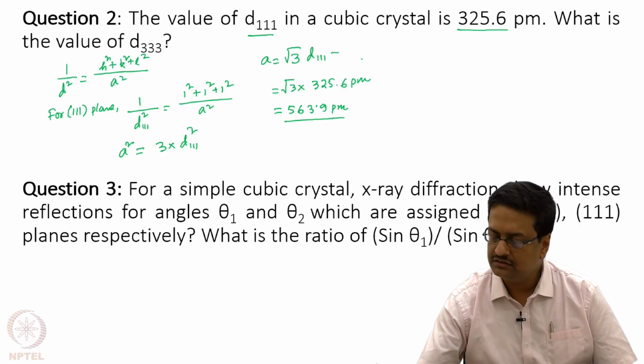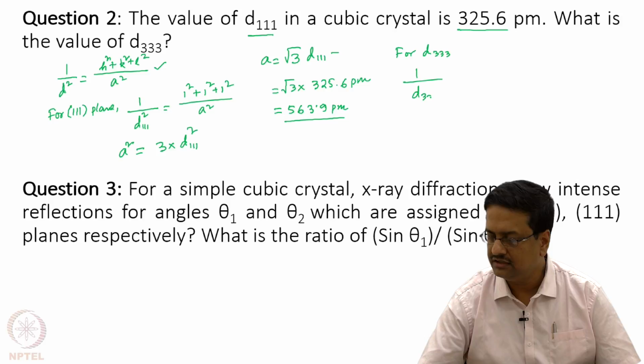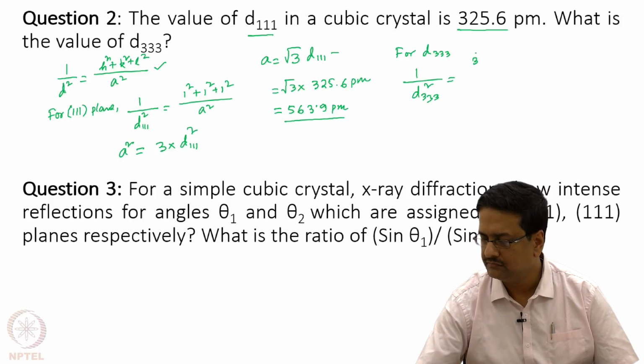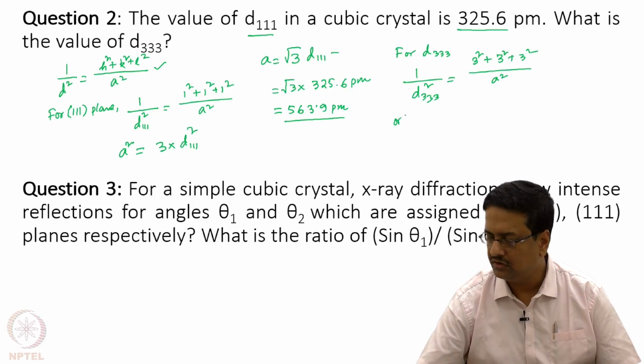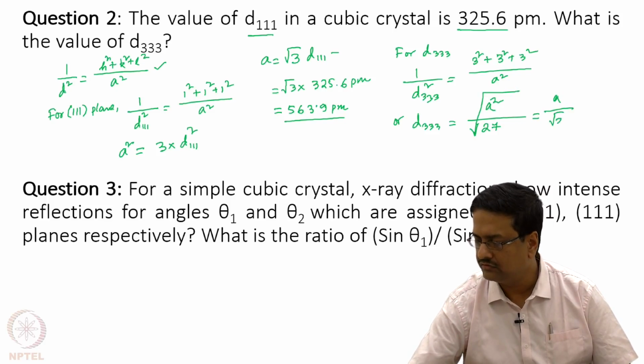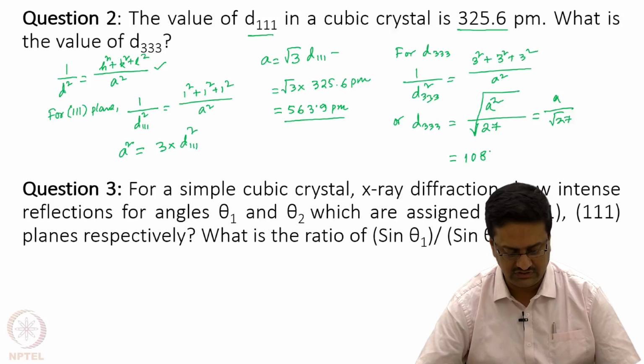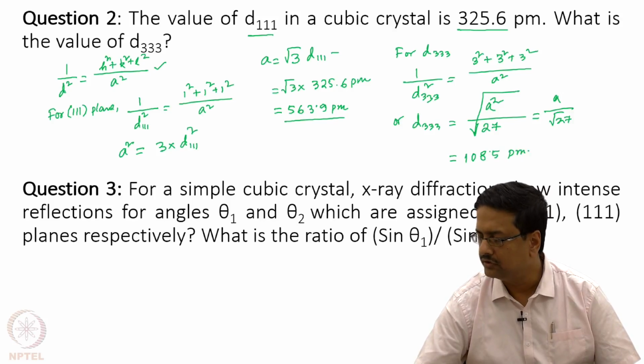So now we write the same equation for D333. 1 by D333 square is equal to 3 square plus 3 square plus 3 square by a square, or D333 is equal to a square by 27 square root, which means it is a by root 27, which is nothing but 108.5 picometer.